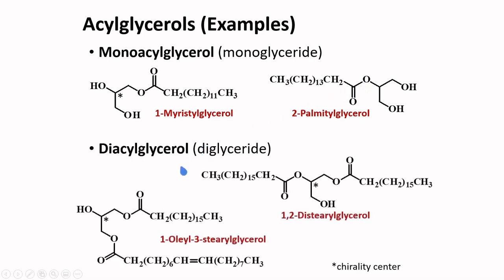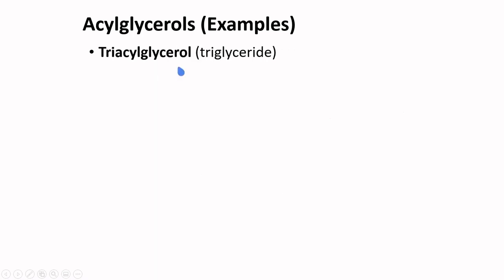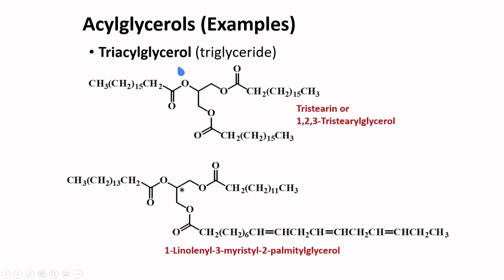We also have diacylglycerol or diglycerides, where two fatty acids are attached at different positions of the glycerol unit. In certain cases, diacylglycerol may be chiral. Triacylglycerol is when there are three fatty acids attached to the glycerol unit.